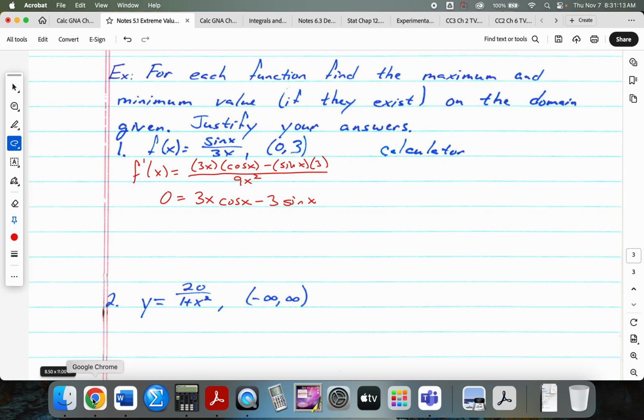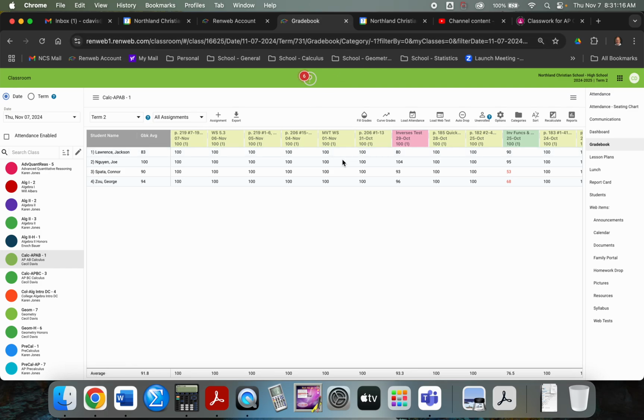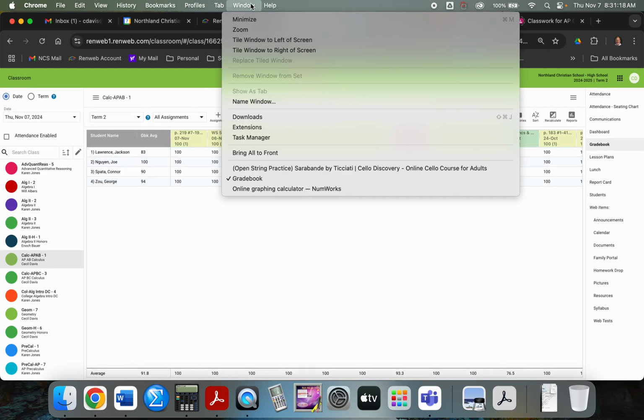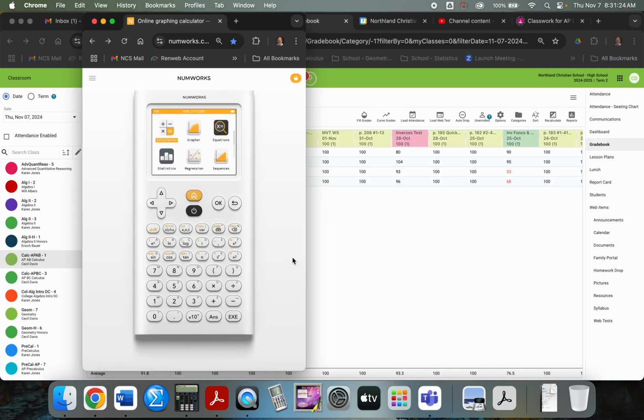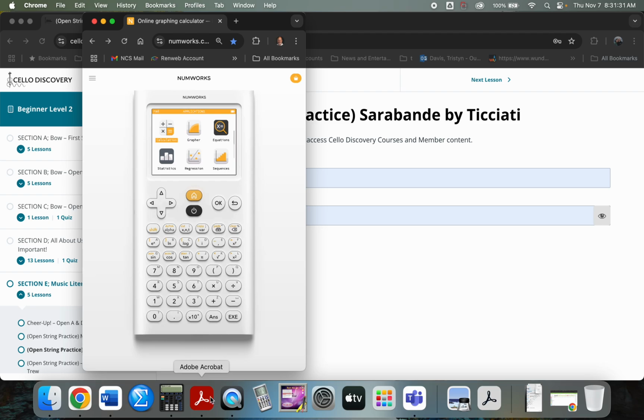I was telling you guys about the NumWorks calculator. Let's see, window. There it is. I don't want to be showing everybody's grades.